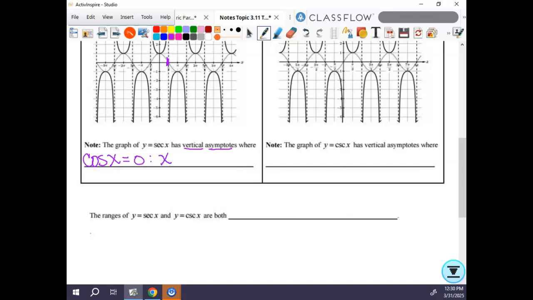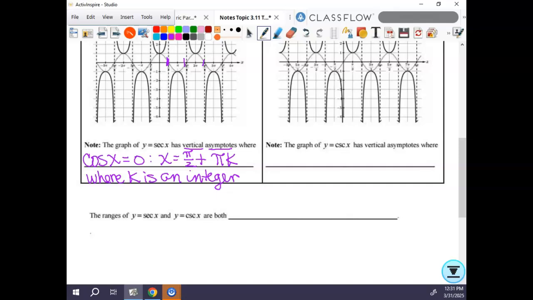So my vertical asymptotes are x equals pi halves plus, and then they happen every pi units. So it's going to be plus pi times k, where k is an integer, because there's an infinite amount of asymptotes. They happen every pi units starting at pi halves. And you can go forwards or backwards because k could be positive or negative. All right. We all okay with that?